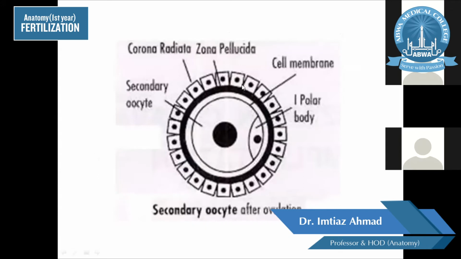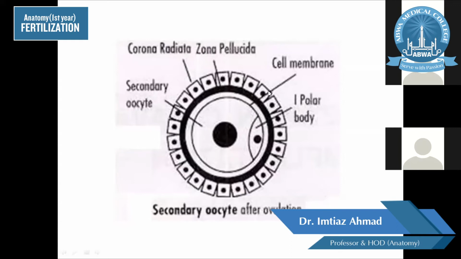So what comes out of the ovary at the time of ovulation? That is the secondary oocyte, this one. And along with it is the first polar body after the completion of meiosis 1. Outside is the glycoprotein coat known as the zona pellucida.